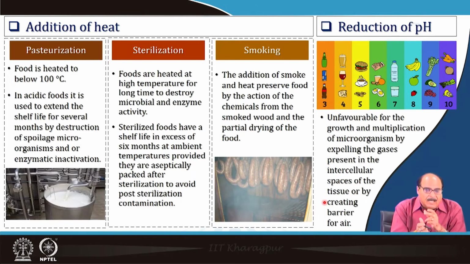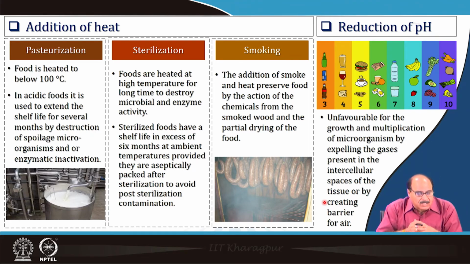Similarly, addition of heat like pasteurization, where the food is heated below 100 degrees Celsius. Mesophilic microorganisms or pathogenic microorganisms are taken care of here. In acidic food, it is used to extend the shelf life to several months by destruction of spoilage microorganisms and enzymatic inactivation.